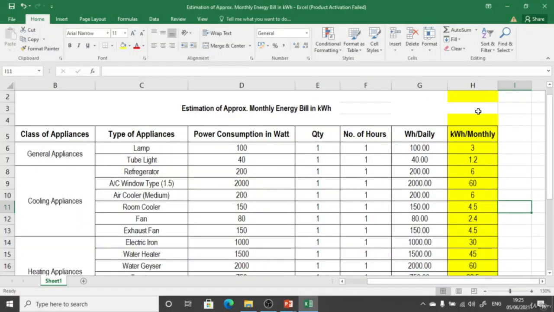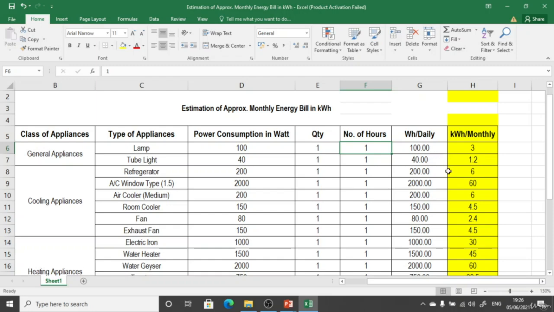Now we're going to see the last column, which is the kilowatt hour on a monthly basis. Whatever lamp we considered as the first appliance in the system is consuming 100 watt, the quantity is 1, and the number of working hours is 1. So the lamp requires 100 watt hour on a daily basis.